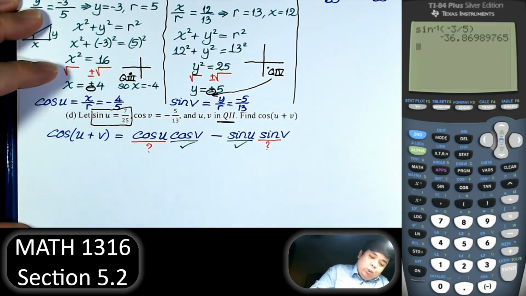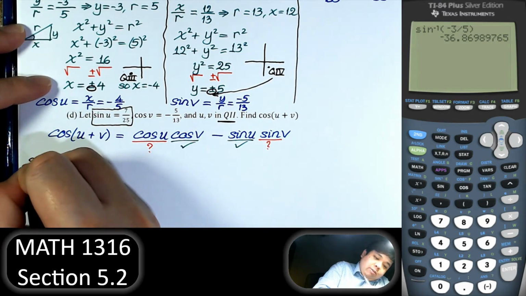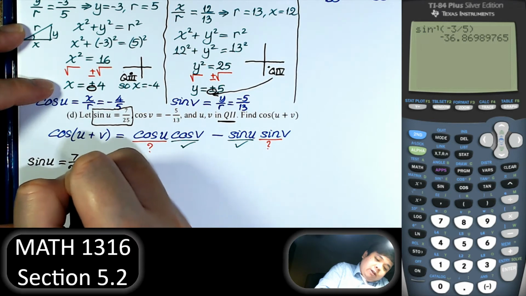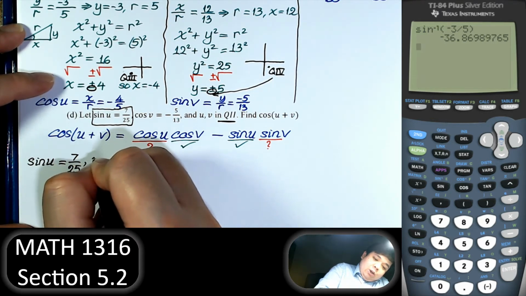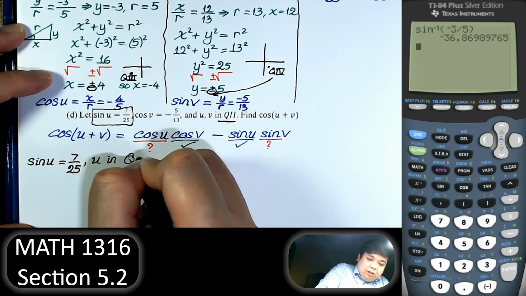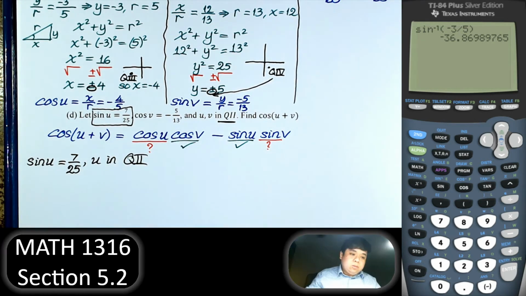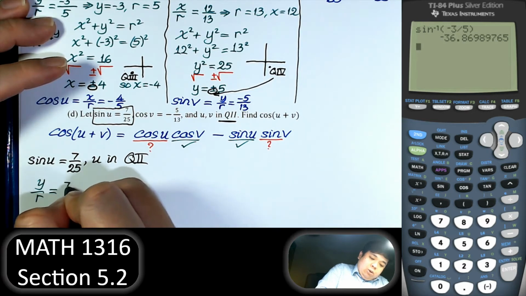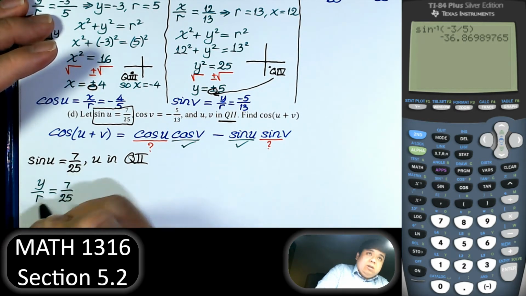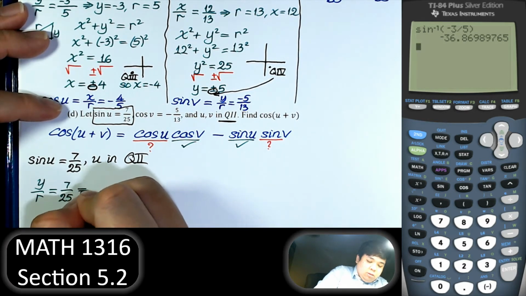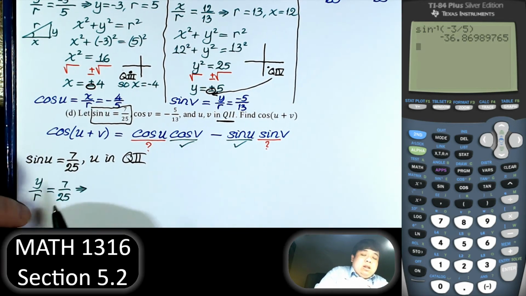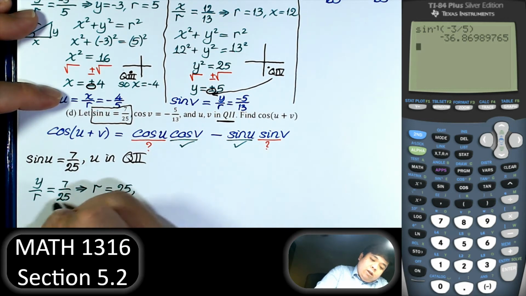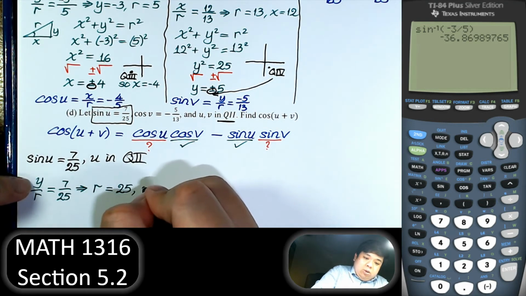Now let's look at this one first. And this is in quadrant 2. So sine of u is 7 over 25, and u is in quadrant 2. Sine is y over r, which is equal to 7 over 25. So in that case, r is equal to 25 and y is equal to 7.